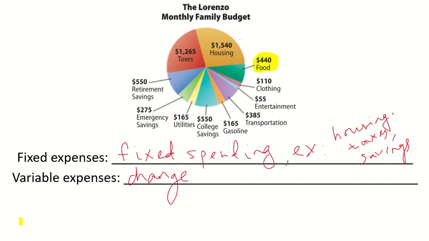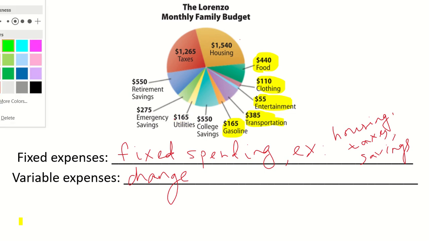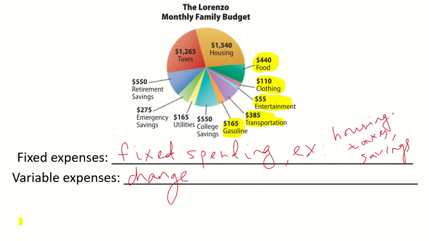Food, clothing, entertainment, transportation, gasoline, and, well, actually, I forgot utilities. Utilities, we'll leave that alone. Actually, that could go either way. These, the ones I've highlighted in yellow, are expenses that can change.